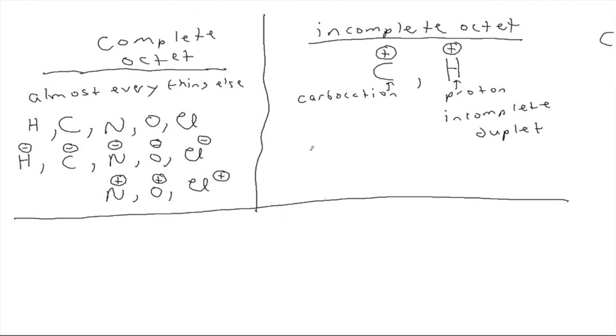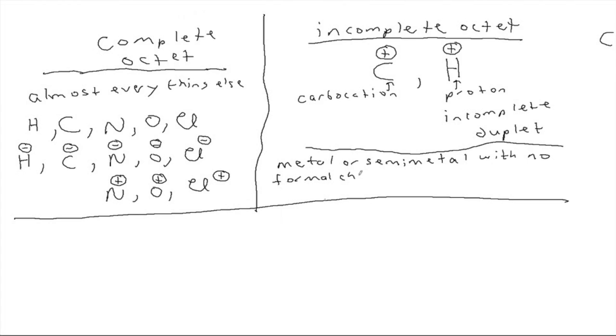There is one more example of things that have incomplete octets. These are a little less important, but a metal or a semi-metal with no formal charge would also have an incomplete octet.